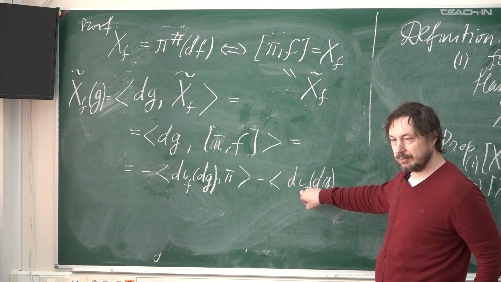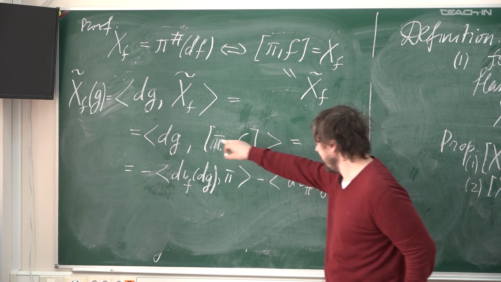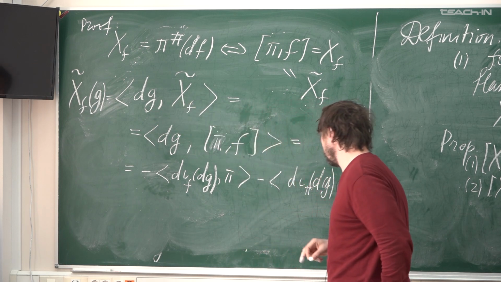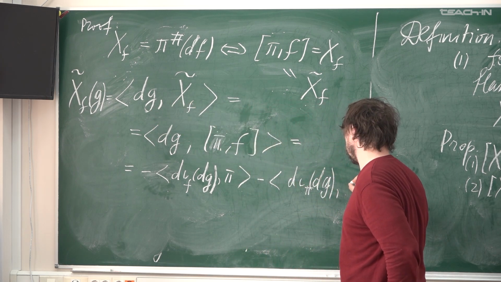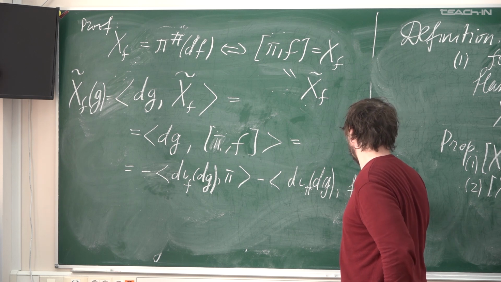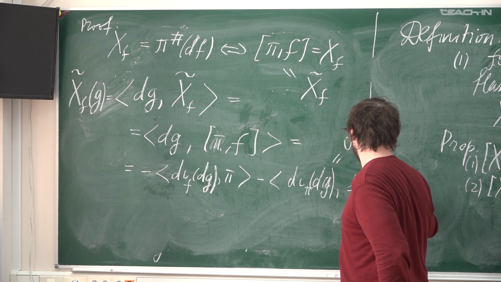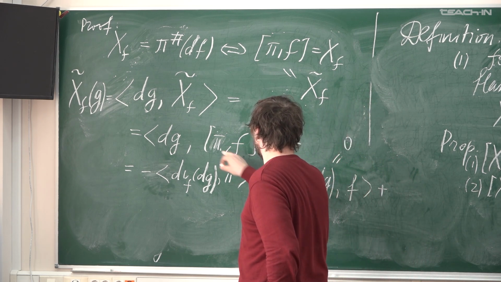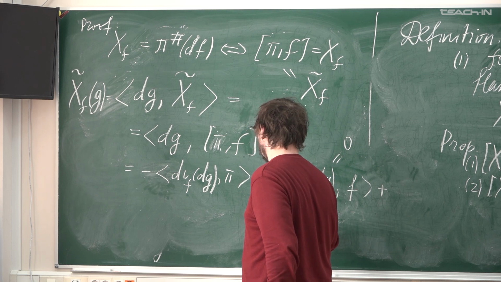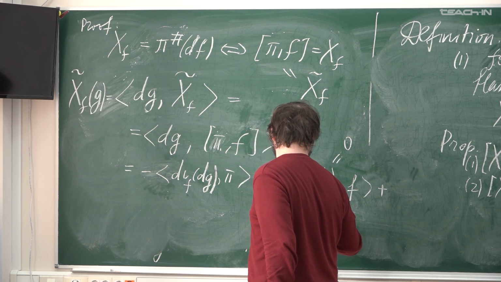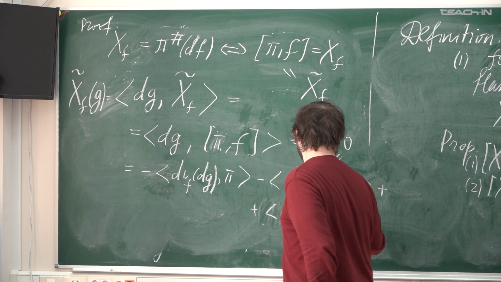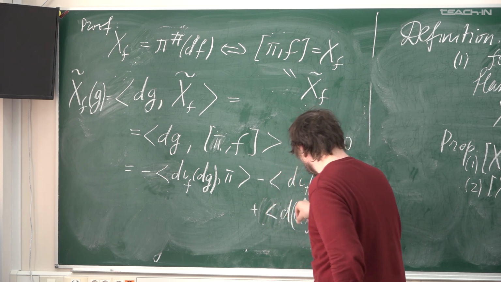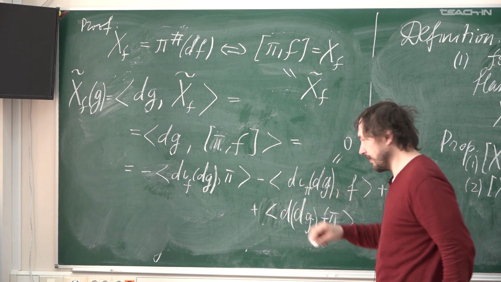Right, and I take two forms here. So this is okay because it is a one form in the vector field, but this is a two form, so it's not okay. This is 0. And finally, we have plus minus 1 to the power p, so that's just plus d dg pi times f, which is 0 because d squared appears here.